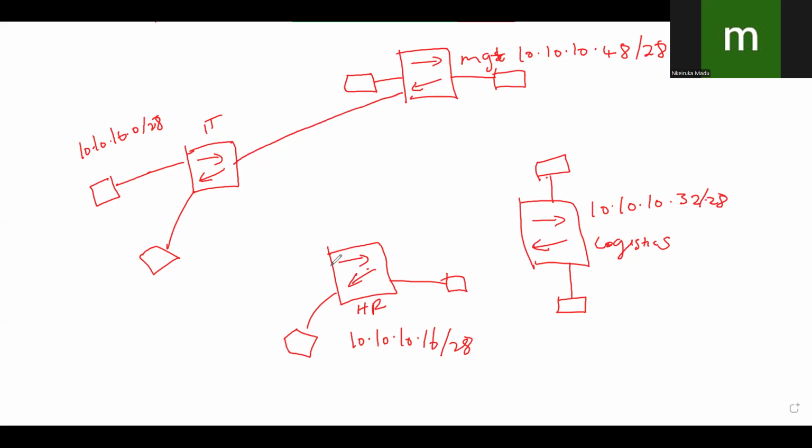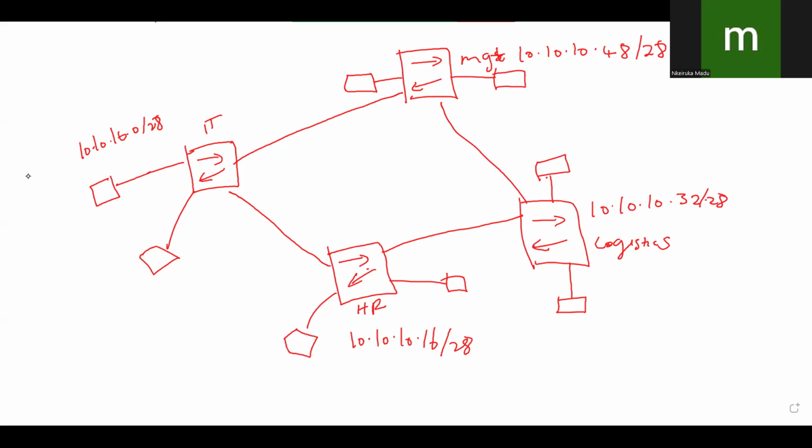If you say you want to do a connection from this switch to this switch, it's not going to work. This is a layer 2 switch. There is no way it will route traffic for different networks. It doesn't have that capability. A switch's intelligence only ends within the network.